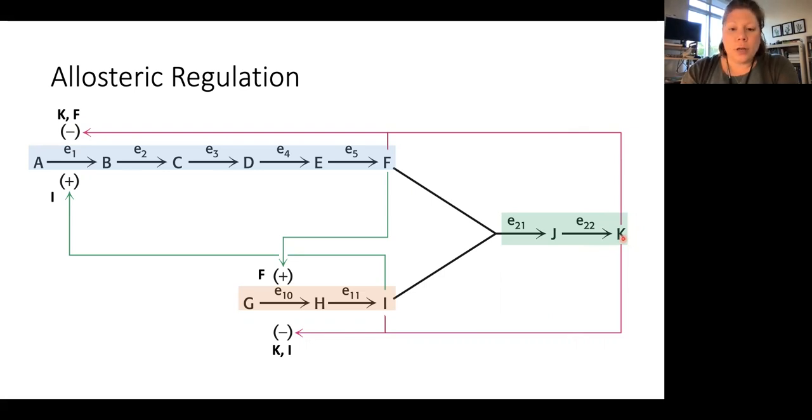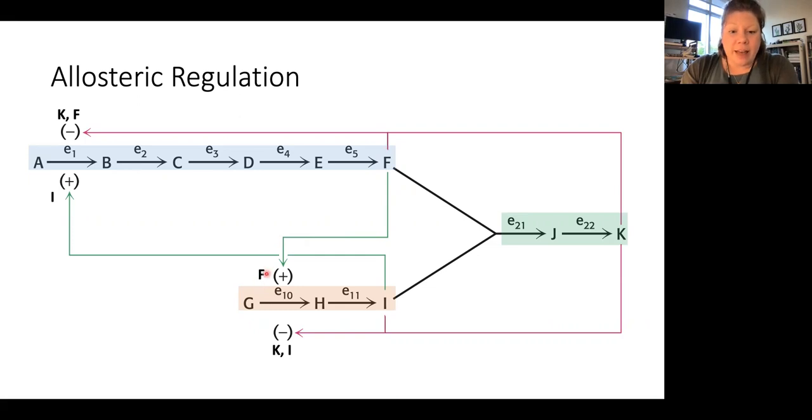Okay, you can also see that if we have a buildup of F, so if we've got a lot of A becoming B, C, D, E, F, lots of F, F can positively activate through allosteric activation, right? It's not that F is binding in the active site of enzyme 10. Instead, F is binding somewhere else on the protein molecule and encouraging it to be more active, right?